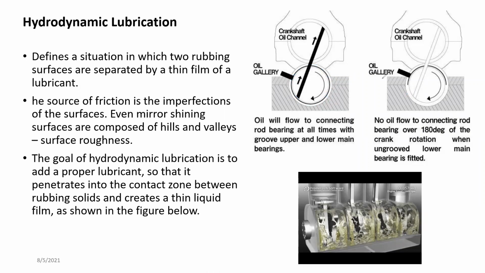The first vehicles manufactured were using other types, ball bearing or roller bearing systems, instead of hydrodynamic lubrication everywhere. But later, with machining developments, the hydrodynamic lubrication system was applied in most vehicles.